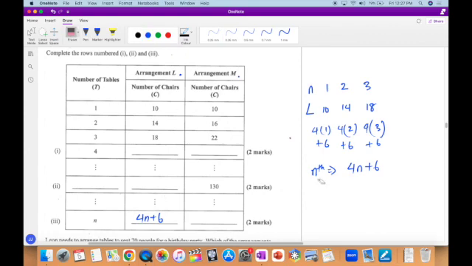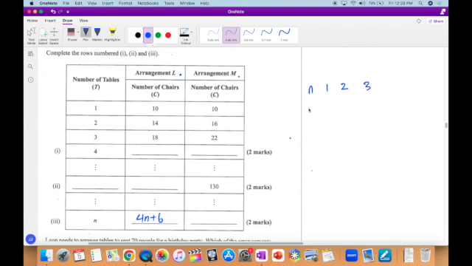Now let's work out the arrangement for M. We can see that the sequence goes 10, 16, 22.